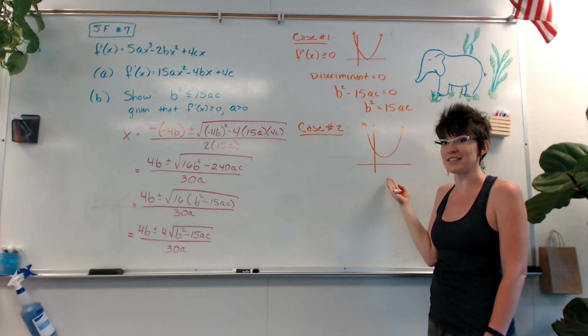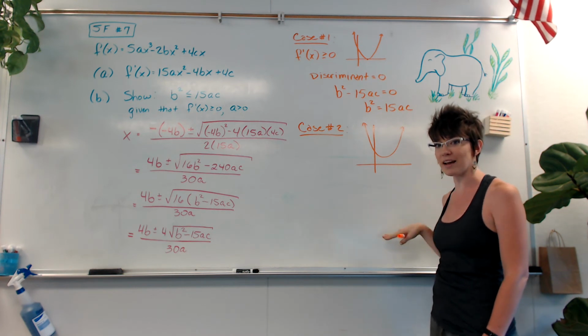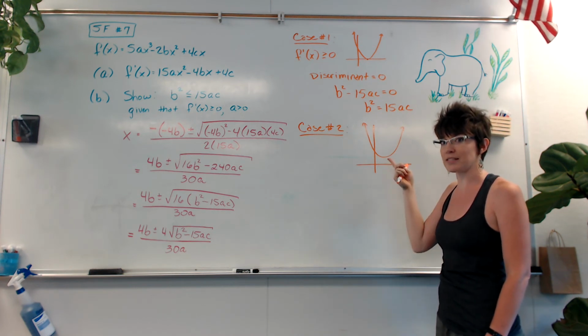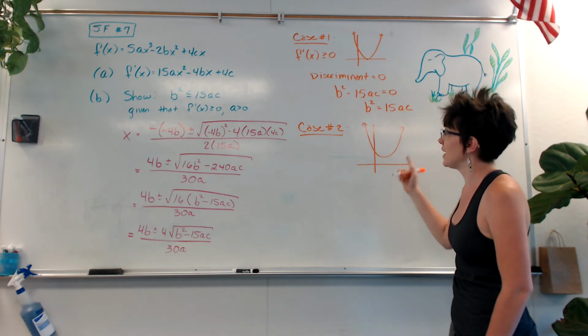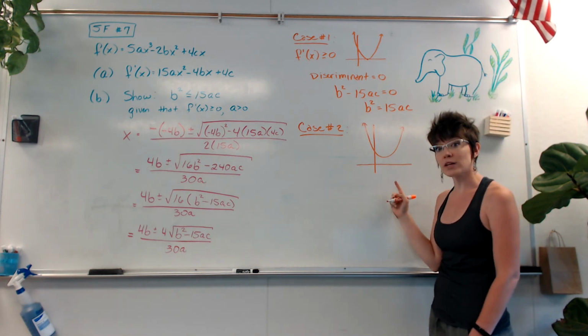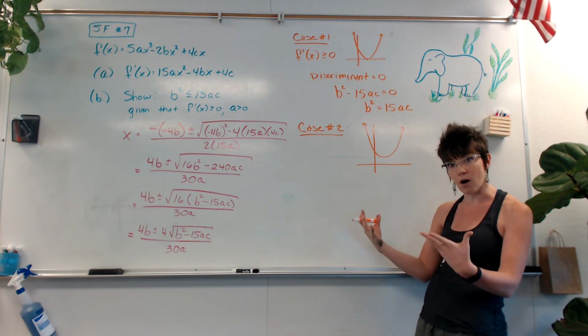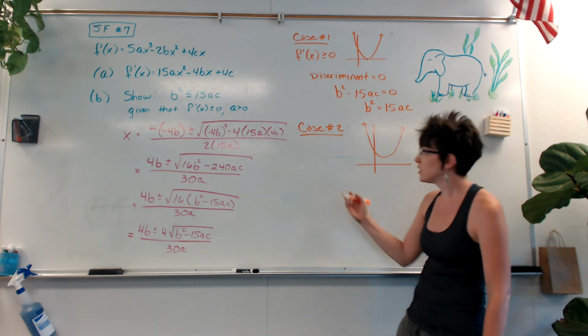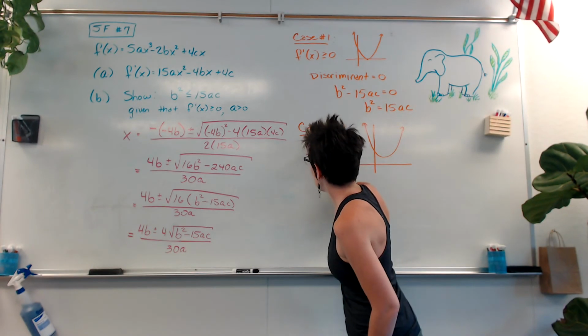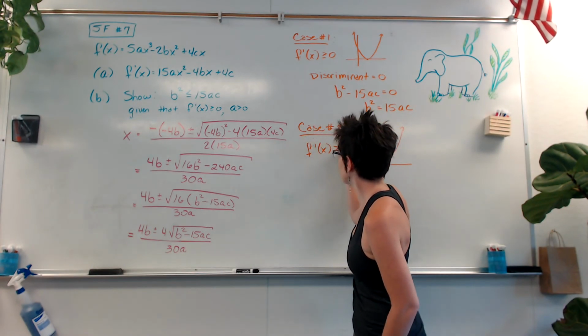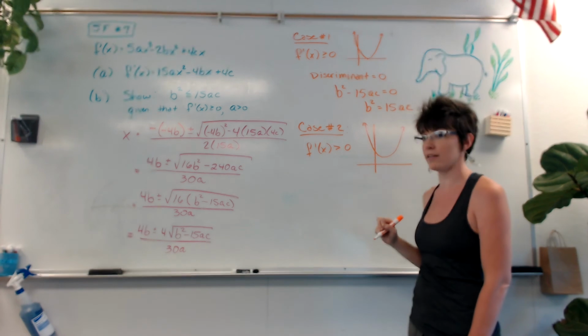So they're not hitting 0 at all, and they're not going negative. So it might look something like this. In that situation, notice how there are no x-intercepts at all. So my f prime of x in this situation is always positive like that.